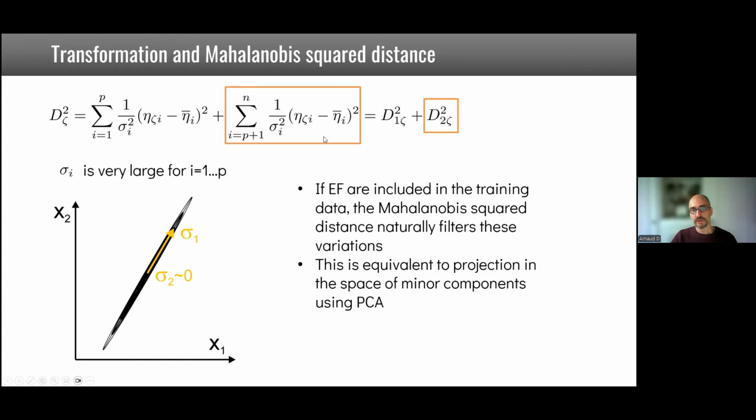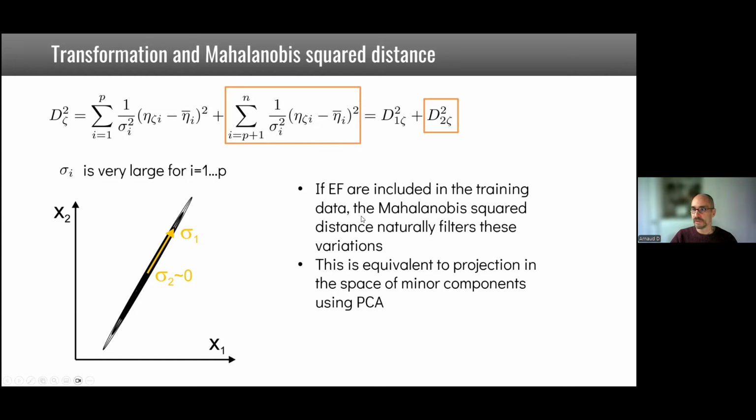And so what we are going to look at here is this D2. And the hypothesis we make, and this is really important, is that if the damage is not in the same direction as the environmental factors, then we can detect it by looking at the null space, not the principal space.